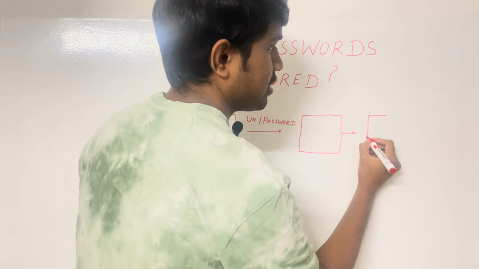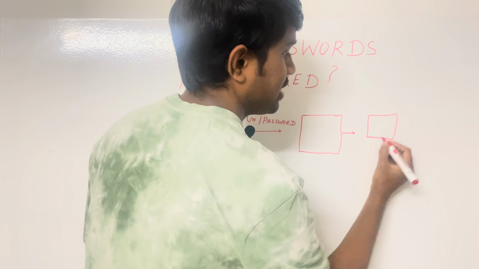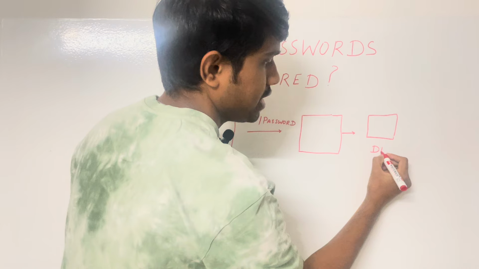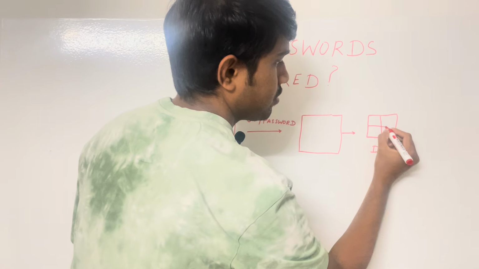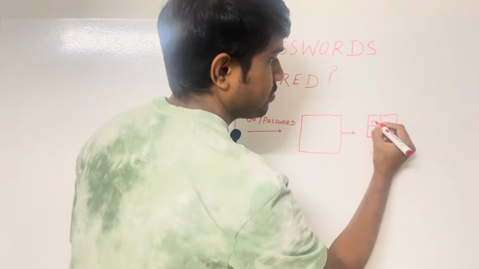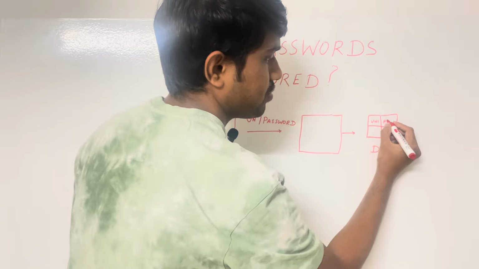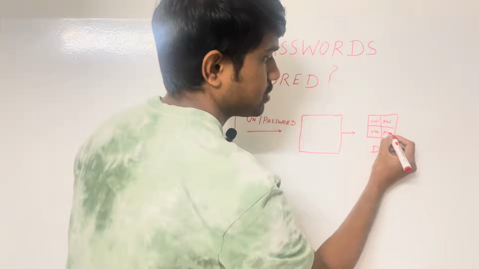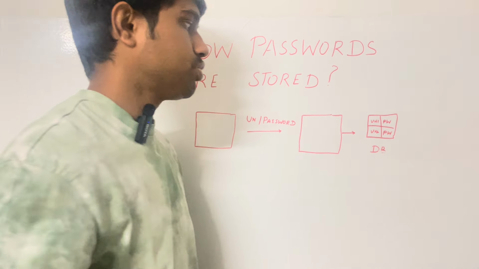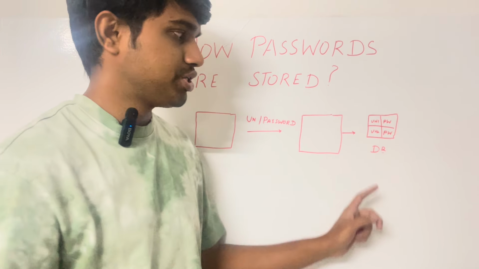The website will have its database, or DB, where it says, for username 1, this is the password. For username 2, this is the password. So this is the straightforward approach.